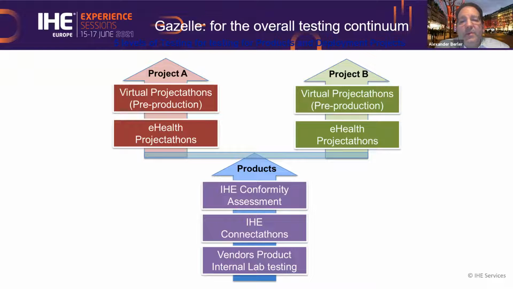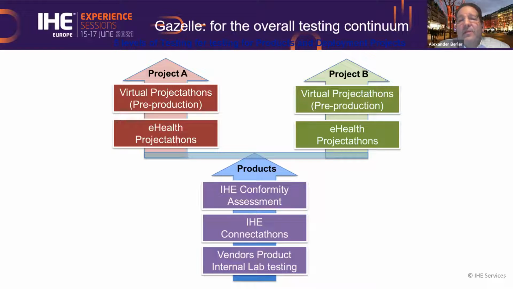Now that's a part of the product, but there is also the part of the project, which means that usually national or regional strategies, or sometimes project strategies, are orchestrating specifications in their own way. And then what we want to test is the project specifications. So that's what we're talking about, projectathons.